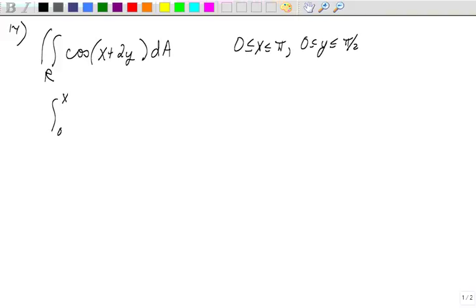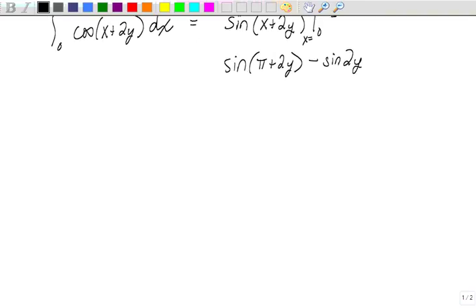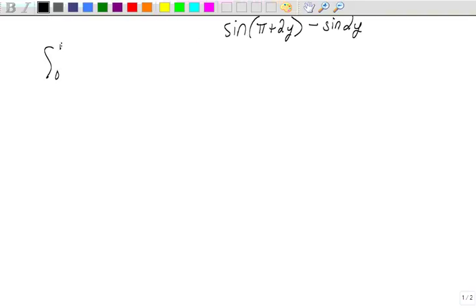So for x, I'm going from 0 to pi of cosine(x plus 2y) dx. The integral of cosine is sine. y is a constant here. Substitute these in for x. I have sine(pi plus 2y) minus sine(2y). Now I'm integrating that with respect to y, and y goes from 0 to pi over 2.